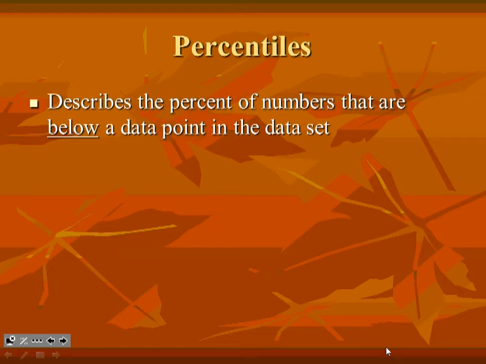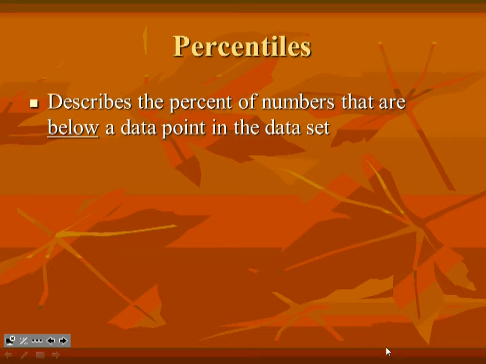If you scored, let's say, in the 40th percentile, that means your score was better than 40% of the people. If you scored the 80th percentile, your score was better than 80% of the people. So it tells you what was below. Now that also does divide the data. If you scored at the 80th percentile, 80% of the people had a score that was less than yours, but that also means that 20% of the people had a score that was more than yours.